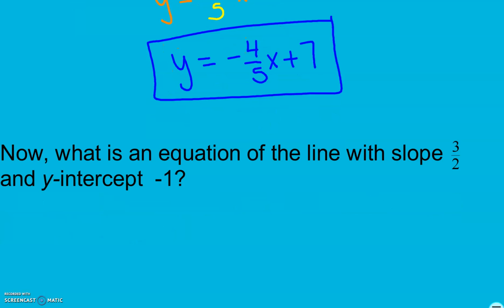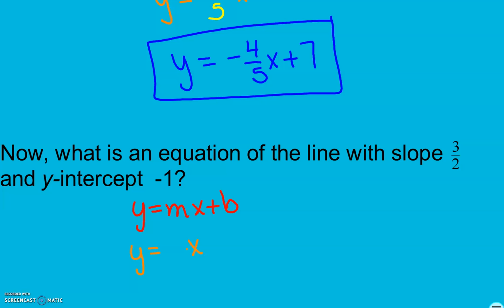Give this one a try, please. Again, we want the equation of a line with slope 3/2, y-intercept -1. So because we're looking for the equation of a line, we're given slope and our y-intercept, we use slope-intercept form. Now, my framework, the part that stays the same every time, is my y equals times x.